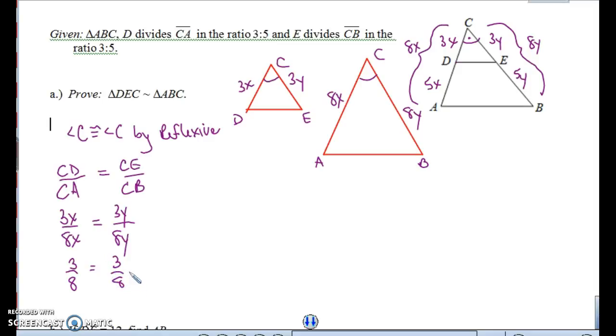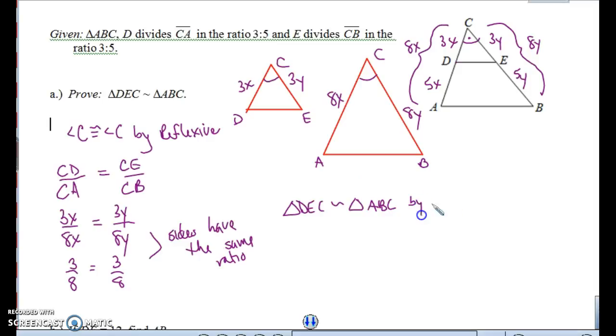So that means that these sides have the same ratio. The sides have the same ratio, and the angle between them is congruent. So that means triangle DEC is similar to triangle ABC by side angle side similarity.